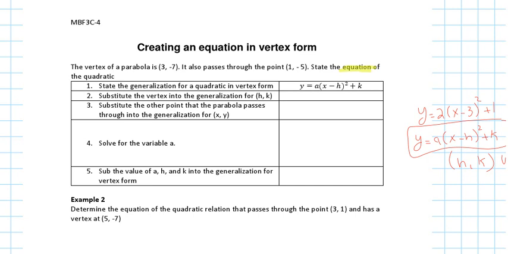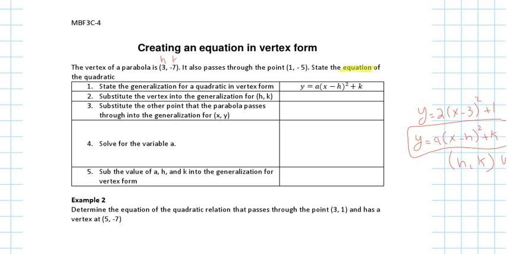Okay? So, the vertex represents the letters H and K in the equation. That's right. They do represent the axis of symmetry and the optimal value, but now what I care about is what letter am I going to replace? So you see that right here, I'm going to replace H and K with 3 and negative 7.